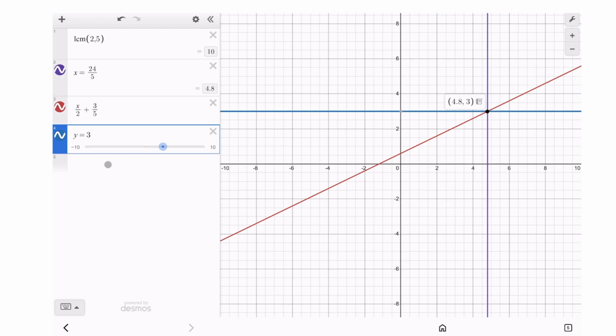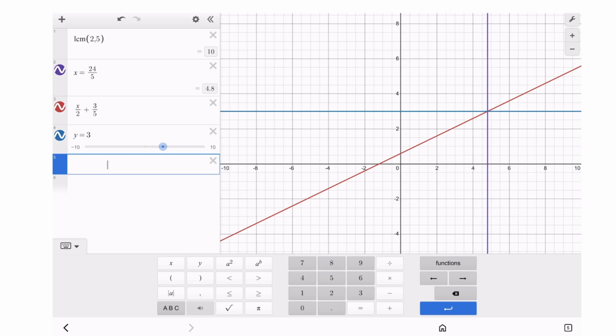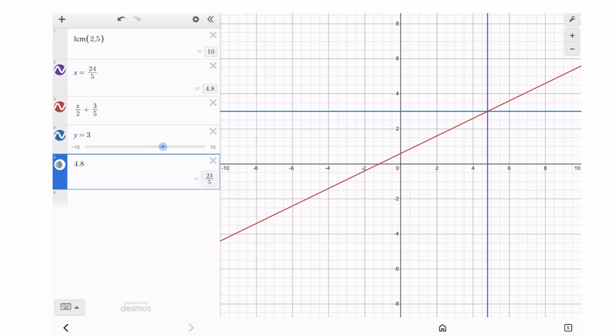Now, the other thing that Desmos does that's kind of cool is if I type in 24 divided by 5, Desmos will give me the decimal equivalent, or if I type in 4.8, there's a little fraction bar here that will tell me it's also 24 over 5.